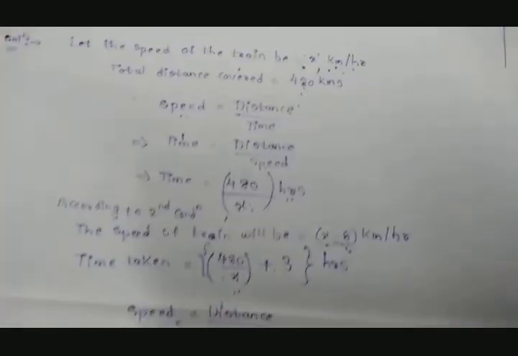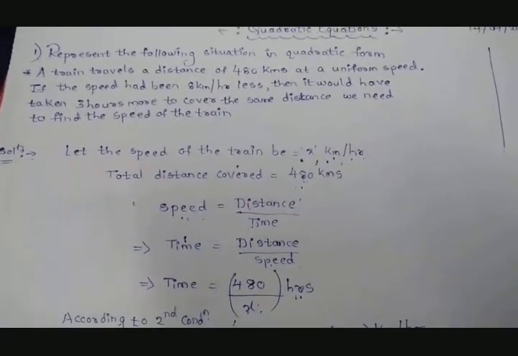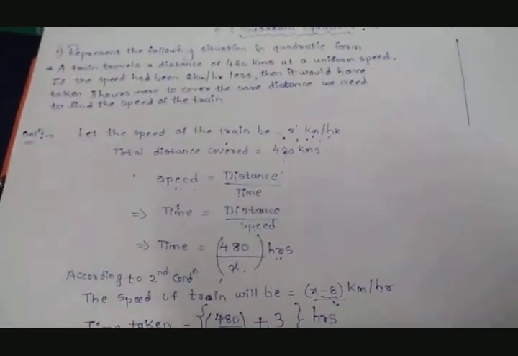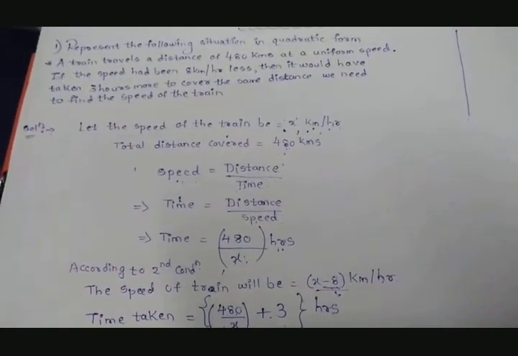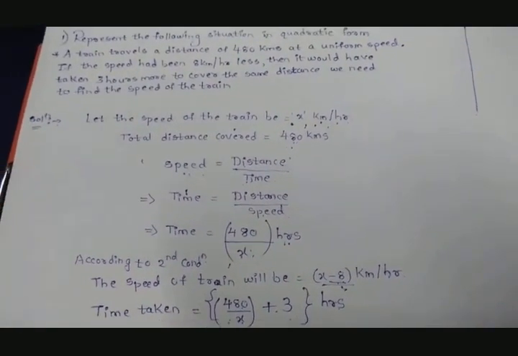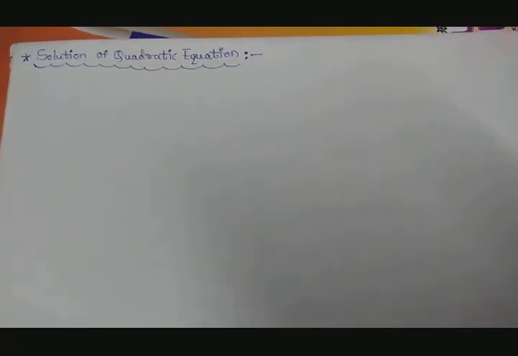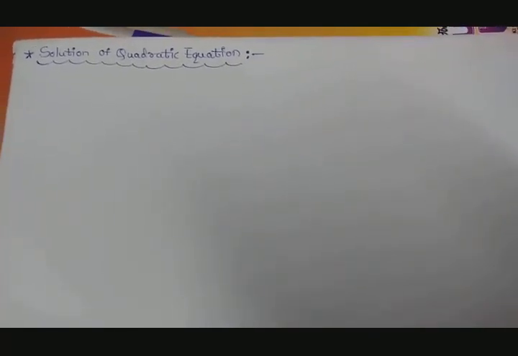So the question was only to represent the given equation in quadratic equation form. So we will be finding the speed of the train in the solutions of the quadratic equation topic. Okay, so now we will be studying about the solution of quadratic equation.